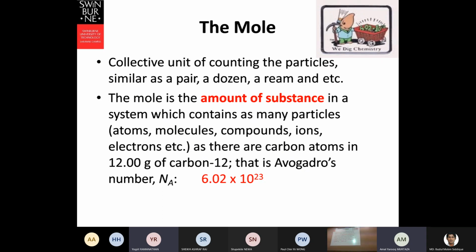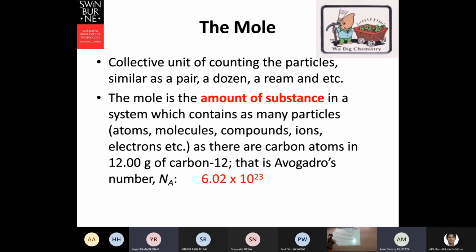Anything you consider, there will be Avogadro's number of compounds or particles in it. Whatever fits this number is 1 mole.